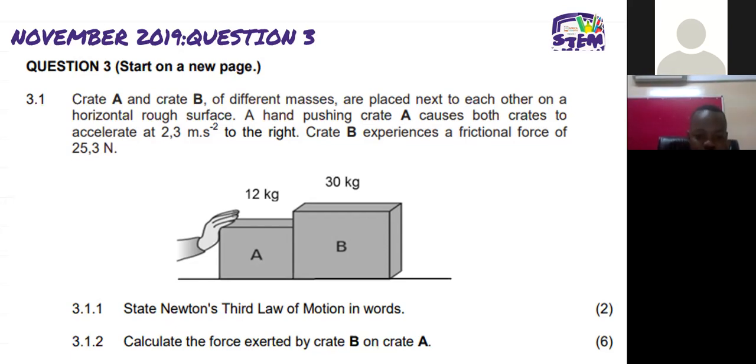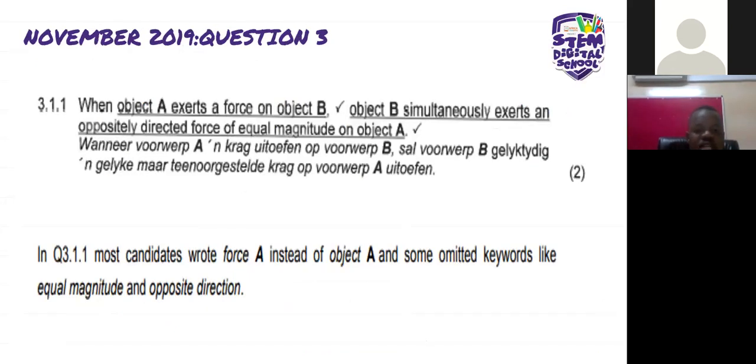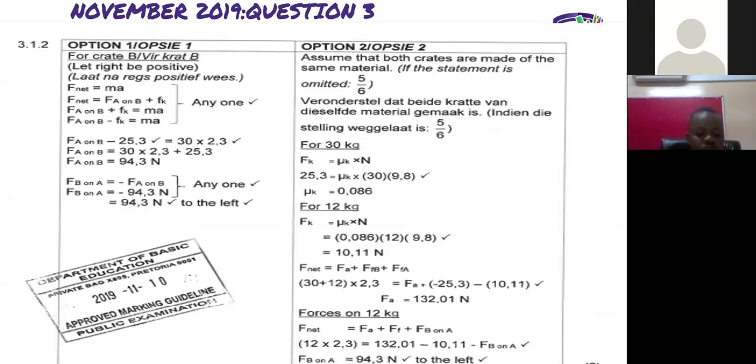Now, to be able to answer that, let us go here. The equation here, my dear learners, is F net is equal to m a. The equation is not F is equal to m a. Now, most of you, my dear learners, actually don't go to your formula sheet and look at the formula. We give you the formula sheet so that you can use it.